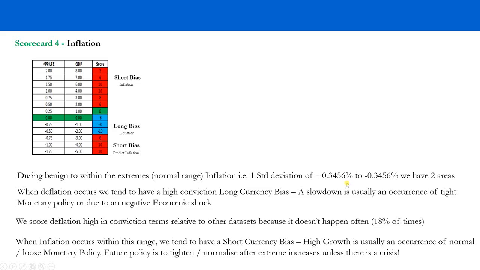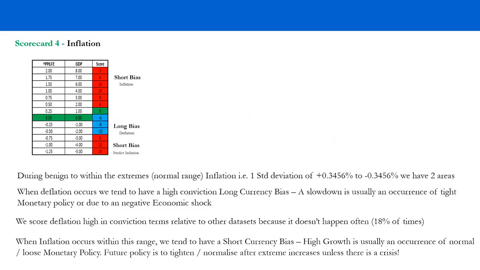And when deflation occurs, we tend to have a high conviction long currency bias, because a slowdown is usually an occurrence of tight monetary policy or due to a negative economic shock. And we score deflation high in conviction terms relative to other data sets, because zeroflation and deflation, so we've accounted for 0 as deflation here, doesn't happen often at all.